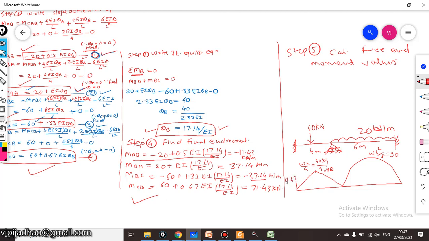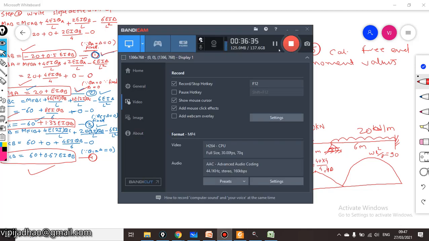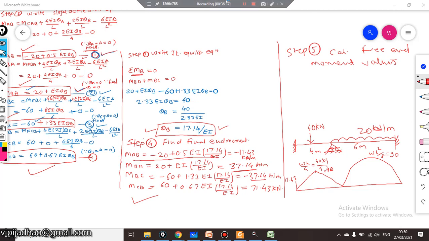Then we have MBA equal to 37.14. We have drawn the bending moment value for MAB, 11.43, on the negative face, in the anti-clockwise direction.